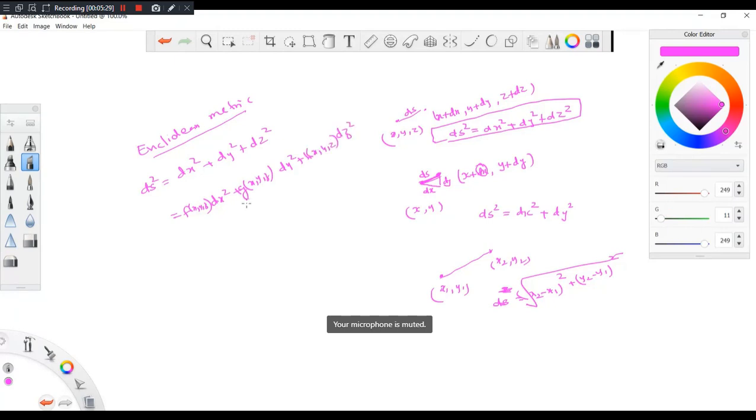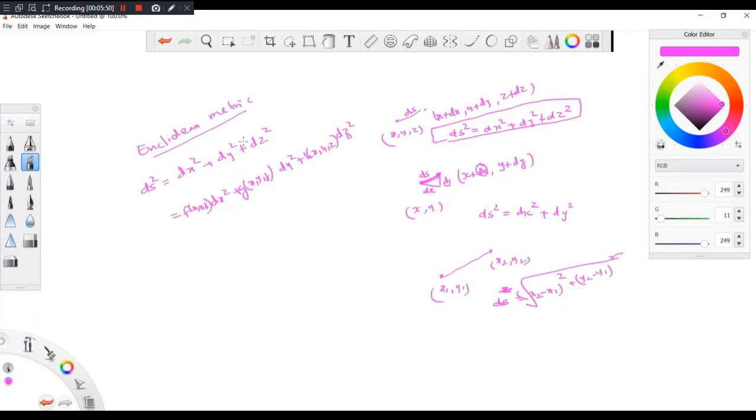So there is no problem in thinking like this. The question is, what will happen if these coefficients are functions of x, y, z?